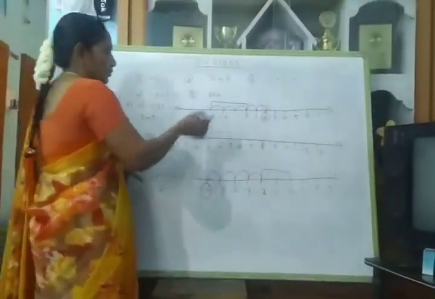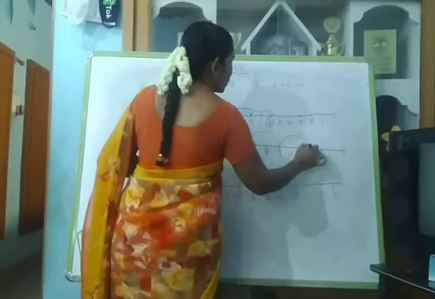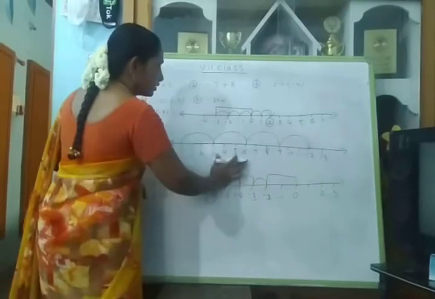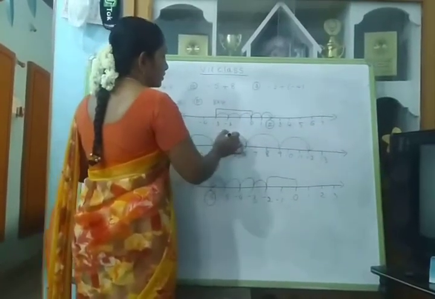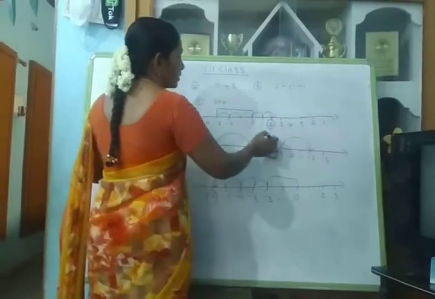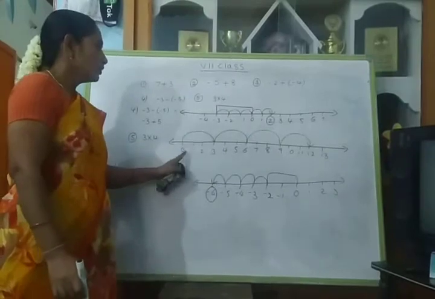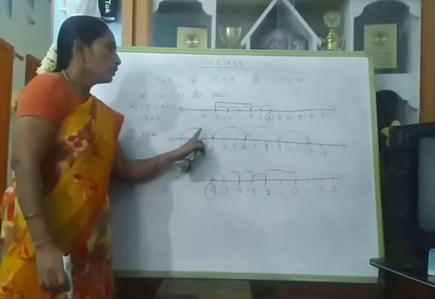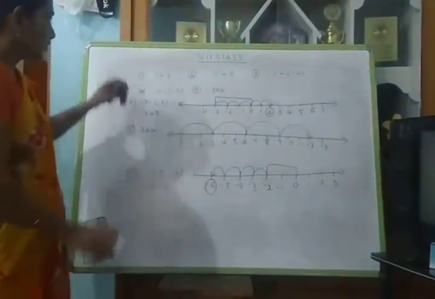How many jumps? 4 jumps. So each time you move 3. From here, 3 1s are 3, 3 2s are 6, 3 3s are 9, 3 4s are 12. 3 times 4 means each time you move 3, and you do 4 jumps. So these are yesterday's homework problems.